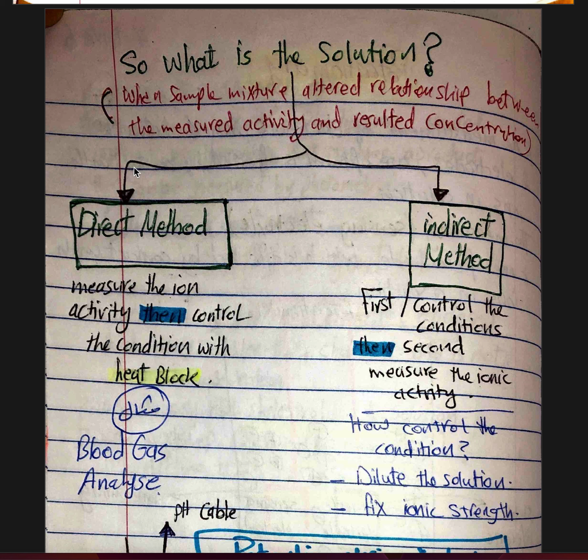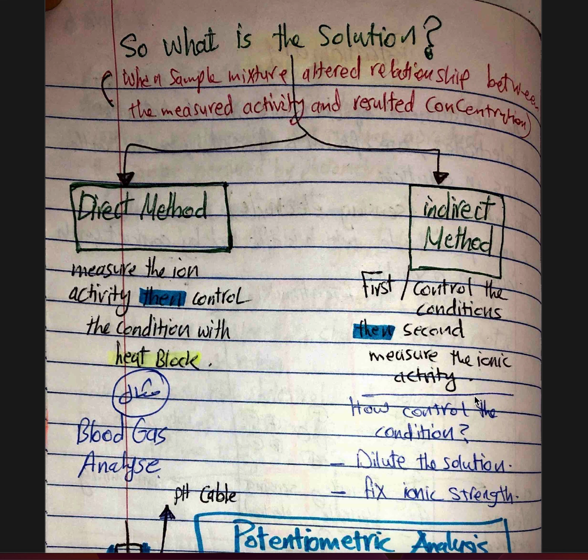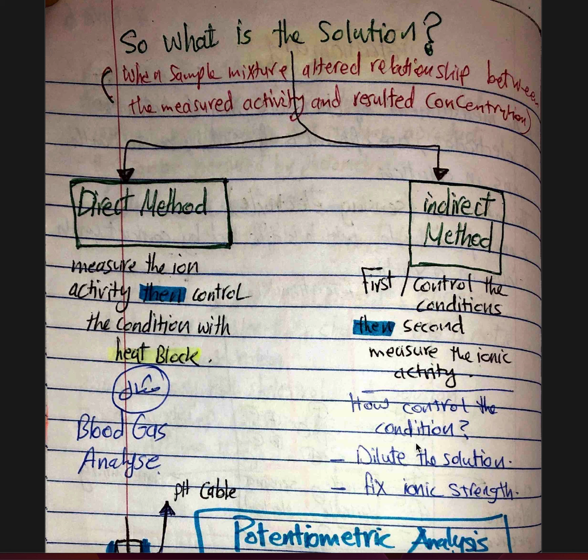We have a direct method, which measures the ion activity and then controls the condition with the heat block, for example in blood gas analysis. And we have an indirect method, where we first control the conditions and then measure the activity of the ion. How do we control the condition? We dilute the solution and fix the ionic strength.